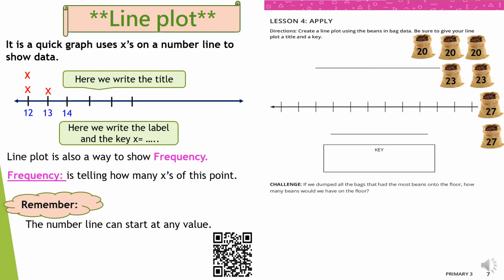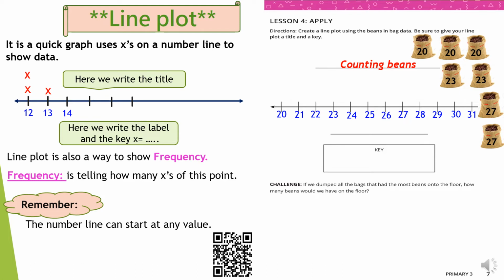So what are we doing now? We are counting beans. So this is our title, and we will write our numbers. We can start at any number, so we can start from 20, no problem. 20, 21, 22, 23, and so on till 31.